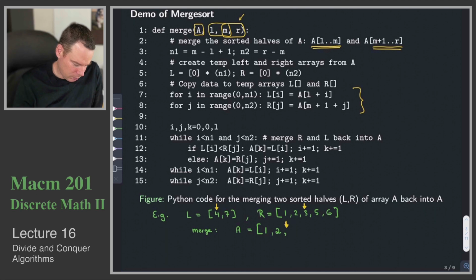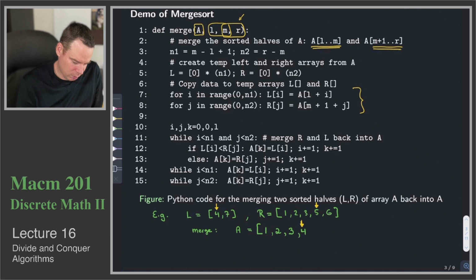So then we'll continue on and do the next part. My pointers in L and R, one's pointing to 4, one's pointing to 3. Which one's smaller? It's the 3, so it fills that spot. And now my pointer moves on. That was the 3 that got used, so the pointer moves on. Of 4 and 5, it's the left array whose value I'm going to use there.